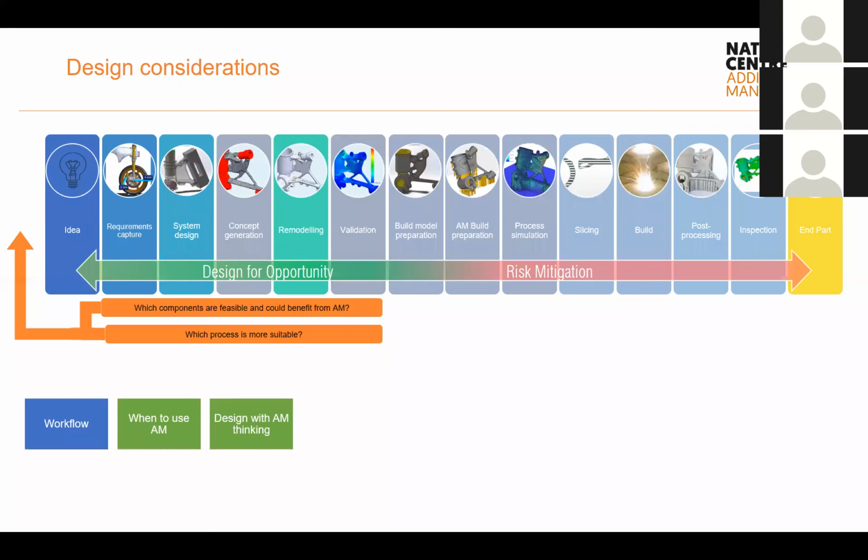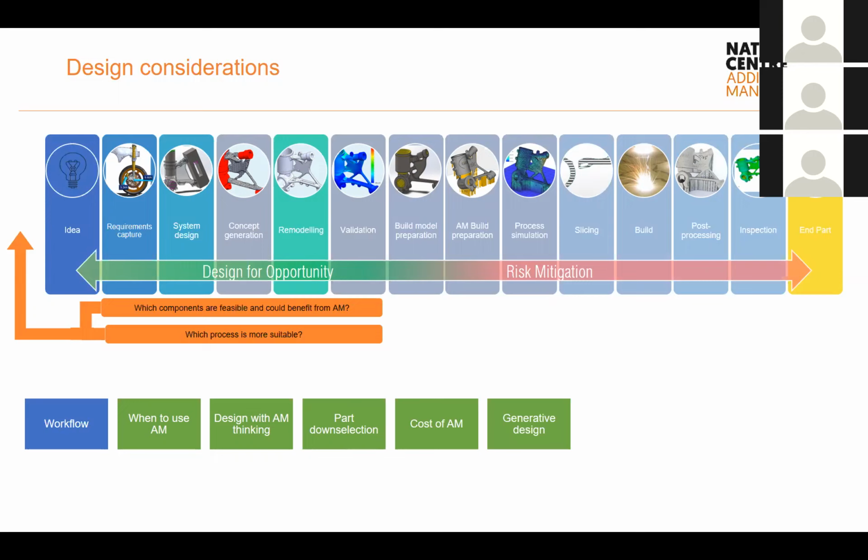As I said with the example of GKN, our designers need to modify their approach. We also need to implement as a design consideration selecting which component will be more suitable, and the cost of additive manufacturing, so how we can identify those costs. Those are some of the modules that we try to transfer in our knowledge transferring activities.